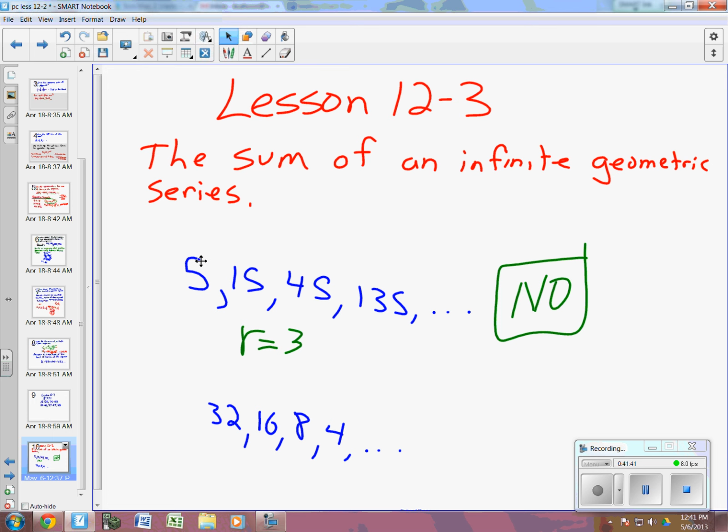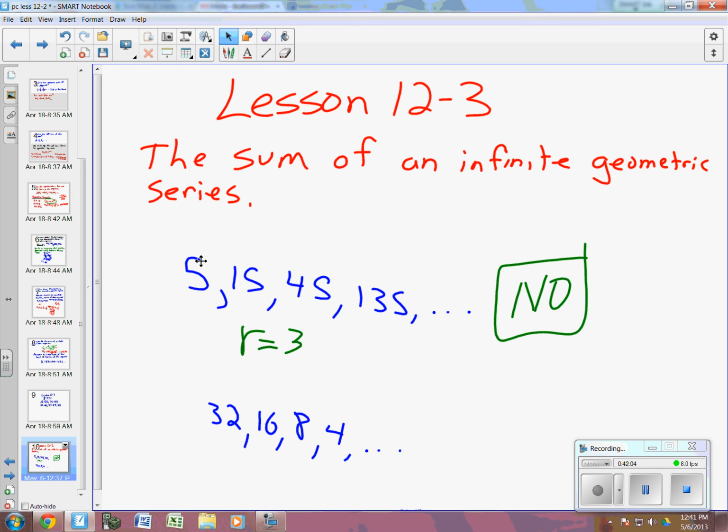What's happening to my number each time? Andrew said it. What'd you say, Andrew? It's going to get closer and closer to 0, but it's never going to get there, right? But that number is going to get really small, isn't it, after a while?